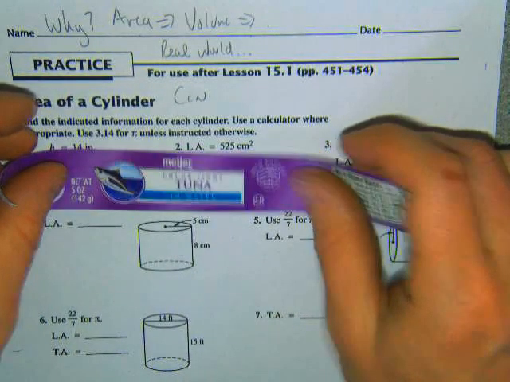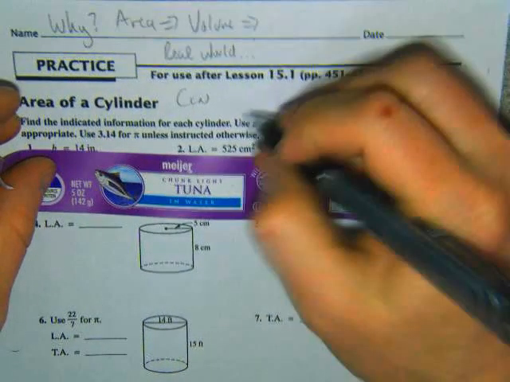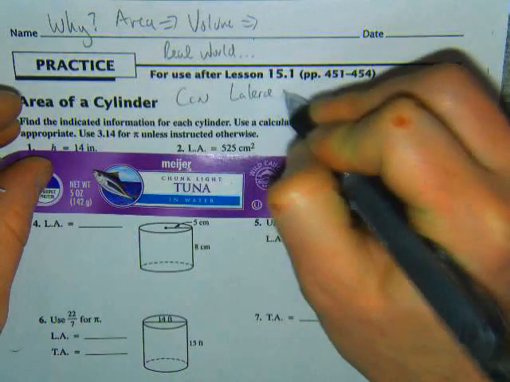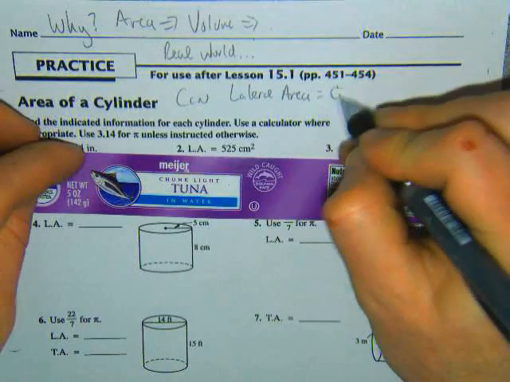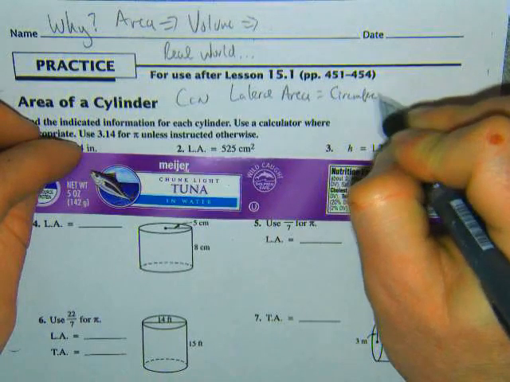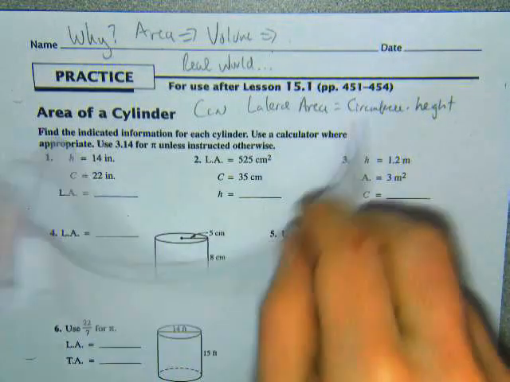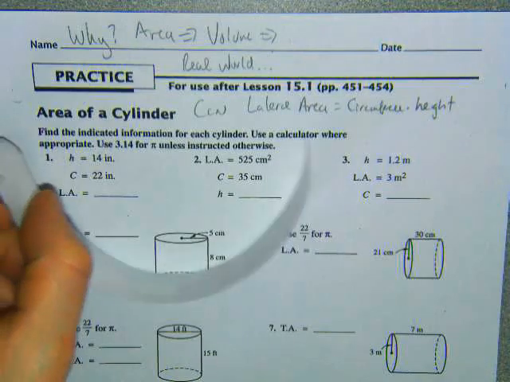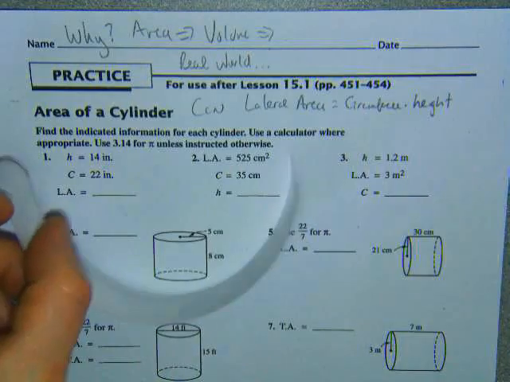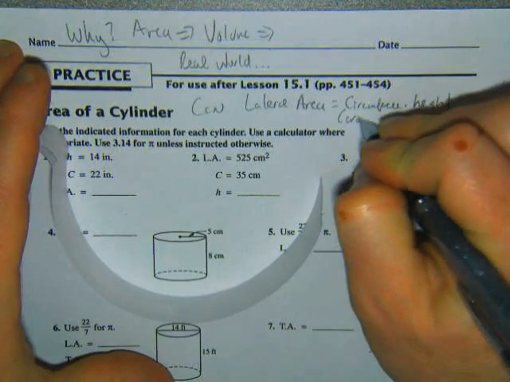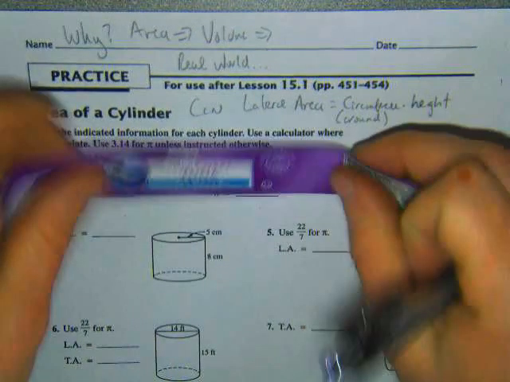So lateral area is the circumference times the height. This wrapper goes all the way around. That's the circumference. And the height is just the height of the can.